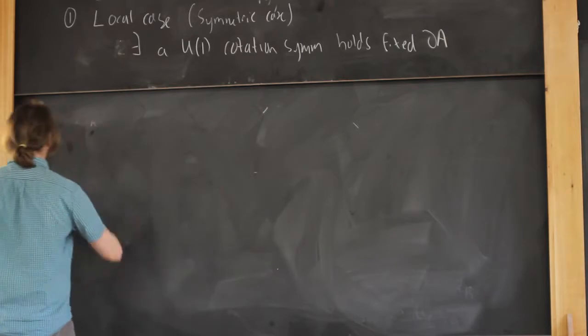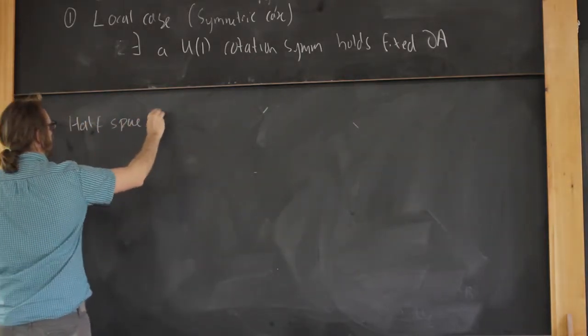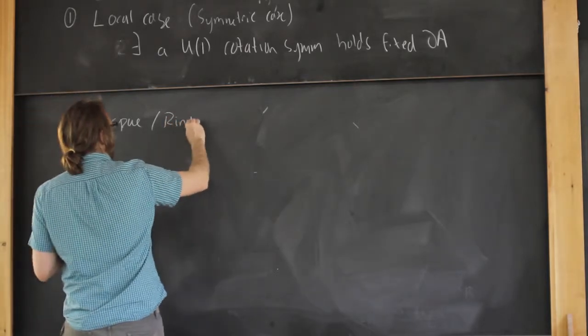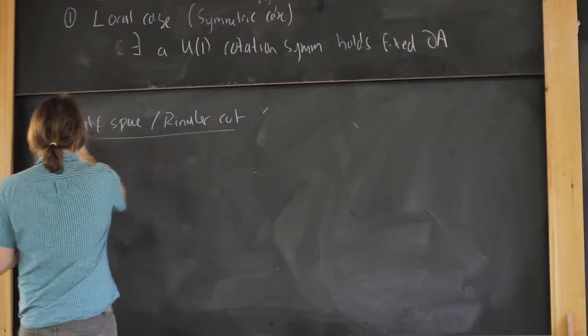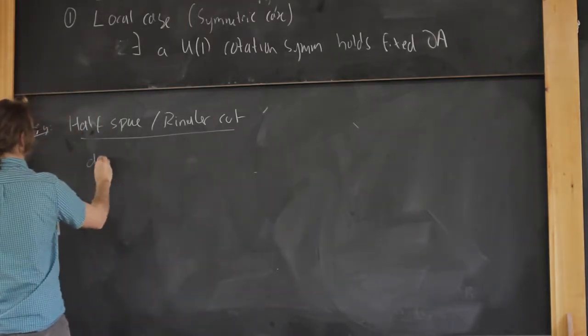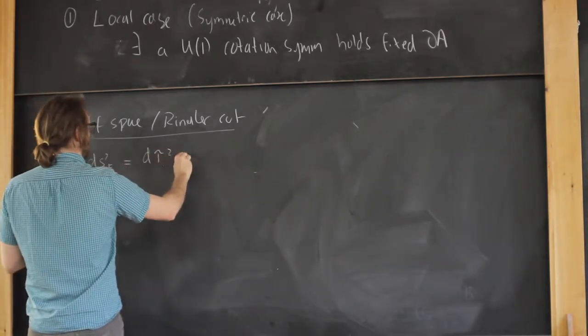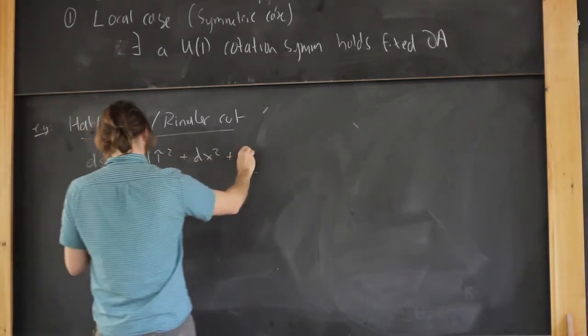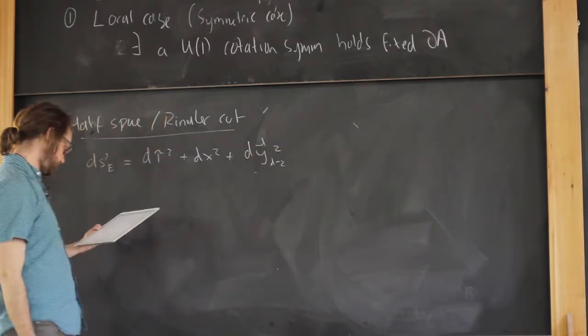So half space Rindler cut, e.g. If I just had flat space, my Euclidean metric I'll write like this, plus some transverse directions.